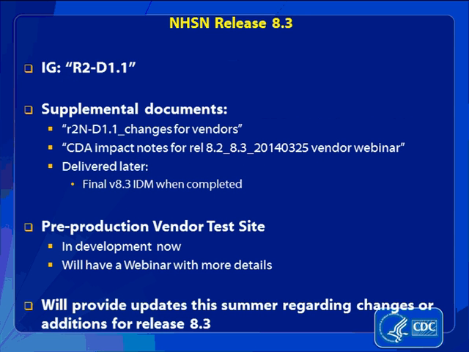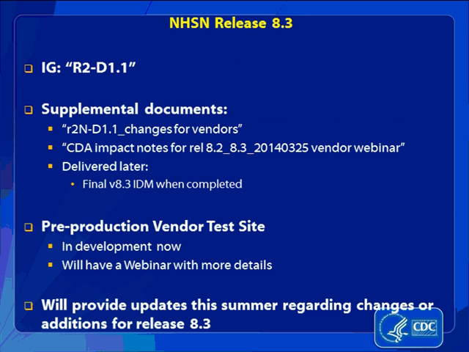Okay, so just to review, again, these 2015 changes that will turn on in Release 8.3 in January 2015 are in the R2D1.1 IG. We've sent out before this webinar the supplemental documents, including the CDA impact notes, a summary of the changes, and we'll send along the IDM when it's completed later this year.